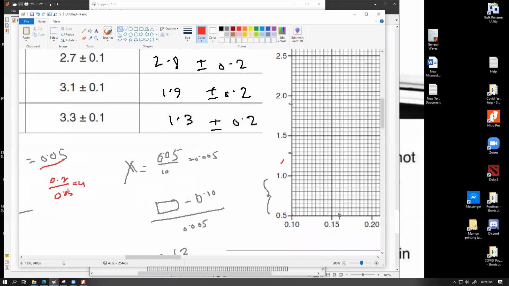That's what I calculated over here: 0.2 divided by 0.05, which gives you 4, which means every 4 divisions represents an error amount of 0.05... Think about it: 0.05, 0.10, 0.15, 0.20. ঠিক না? বুঝছো?